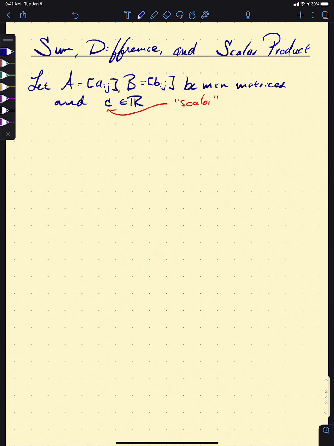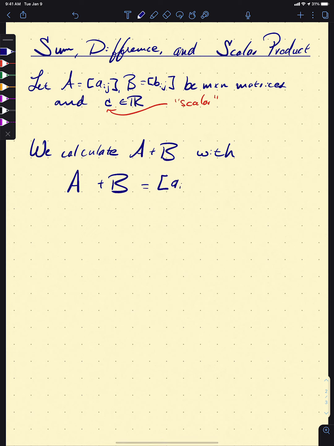Okay, and here's how we calculate these, and it follows pretty much exactly how you would expect. So A plus B, because they're the same shape, you just add each of the entries.